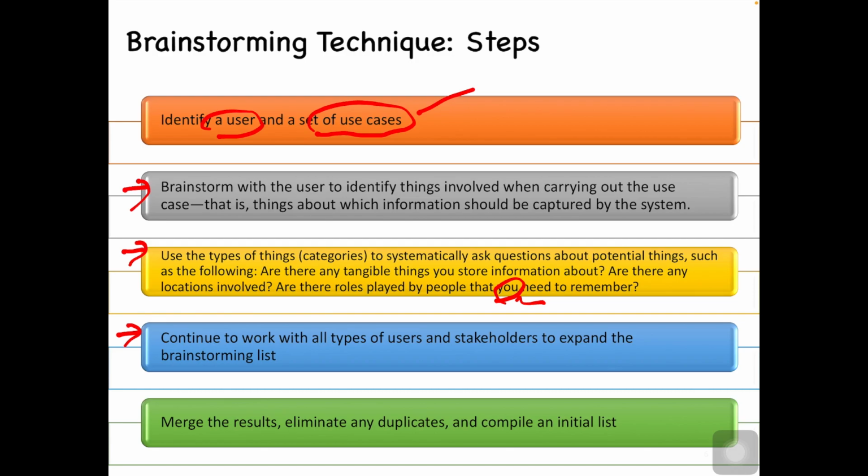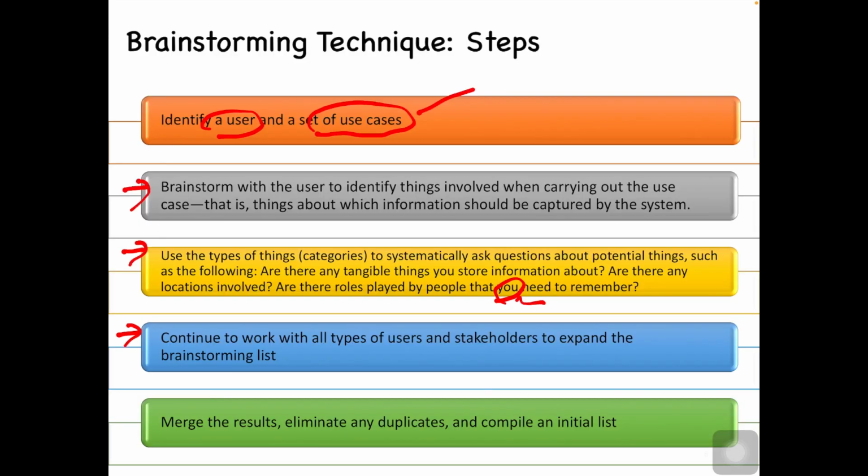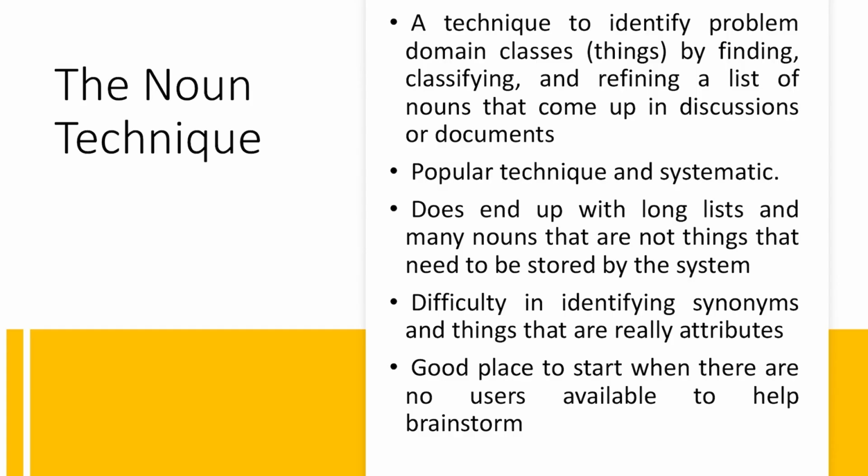So from the previous figure, we continue to work with all of the users and also stakeholders. And lastly, we merge the results, eliminate any duplicates and compile an initial list of the things. So that is the brainstorming technique.